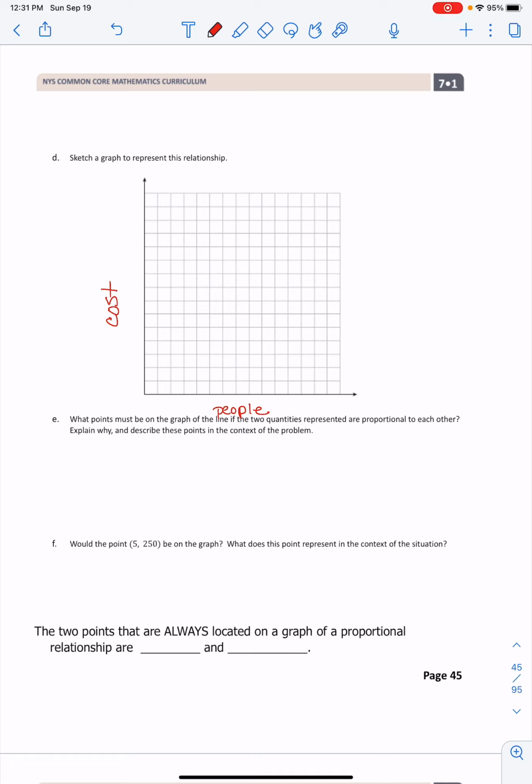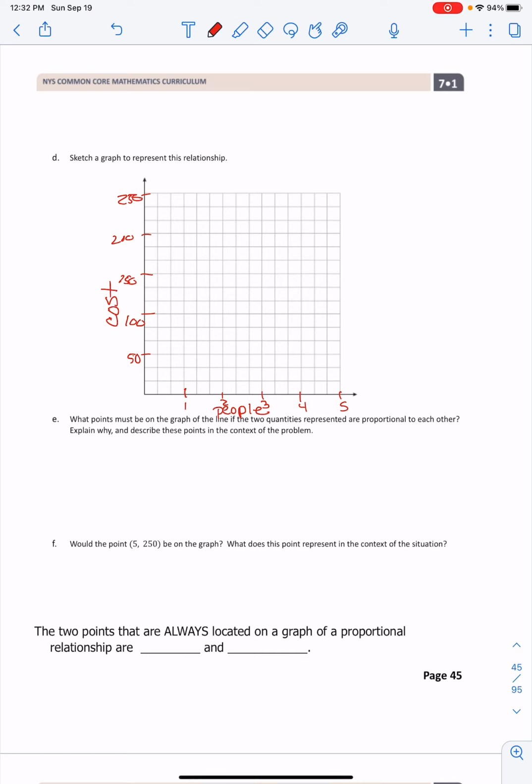So I'm going to put 1, 2, 3, 4, and 5. And let's go by 50s this way: 50, 100, 150, 200, and 250.